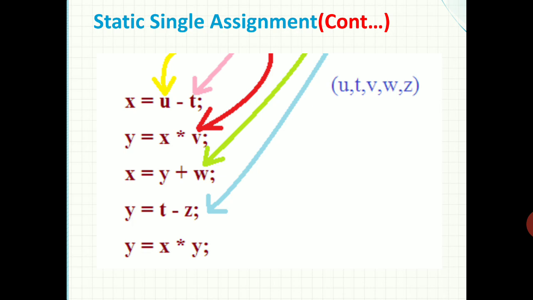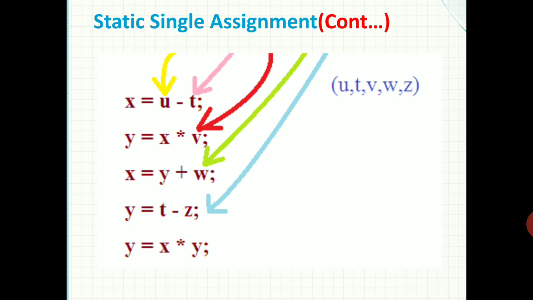In the given code segment, there are two assignment statements for the variable x, and y has three assignment statements. So it is not in static single assignment. We have to convert this into static single assignment.